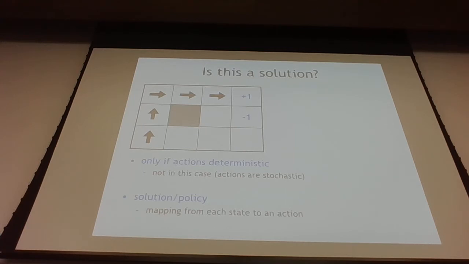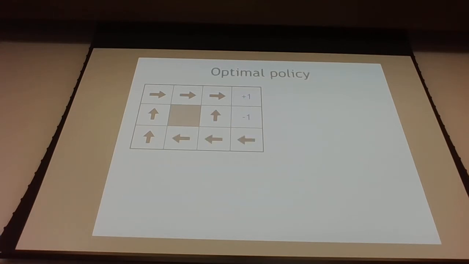A policy should tell me, if I start from any of the states, what I should do to maximize my reward. So this is actually not a solution, but this is a solution. This is a policy, because if I give you a state, you know what to do. I maintain the direction from which I came, so 80% of the time I will go forward.